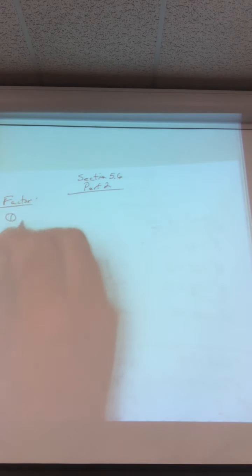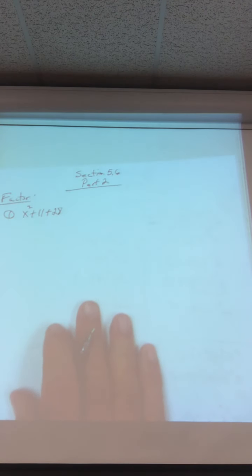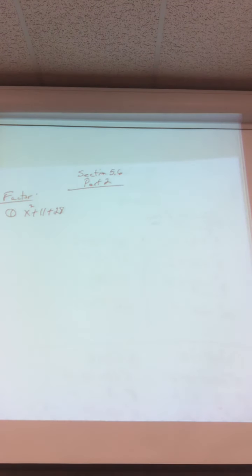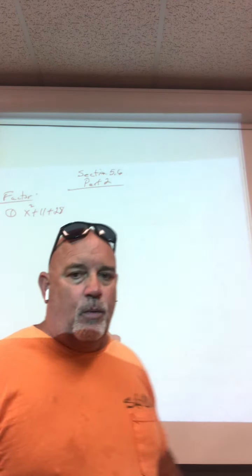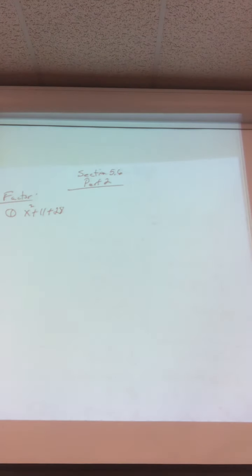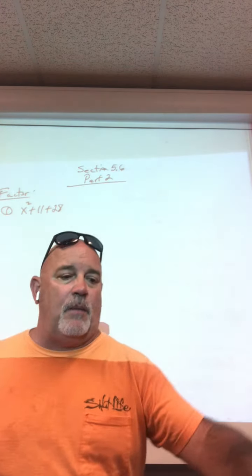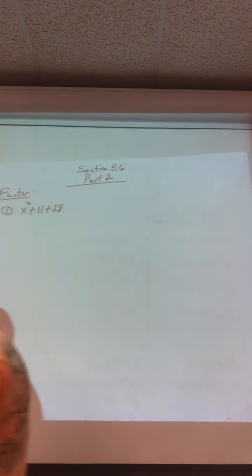All right, number 1. Let's do x squared plus 11x plus 28. Before we just jump straight into this problem, let me make a couple of comments. Remember, the first thing you do in factoring is you always look to see if this problem has a GCF.